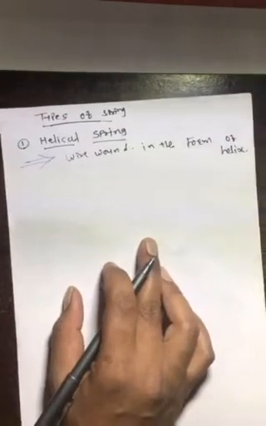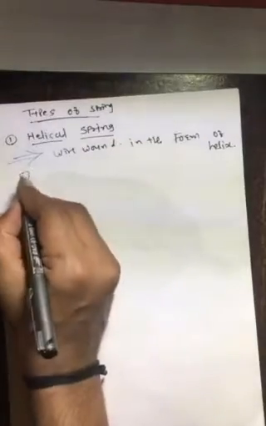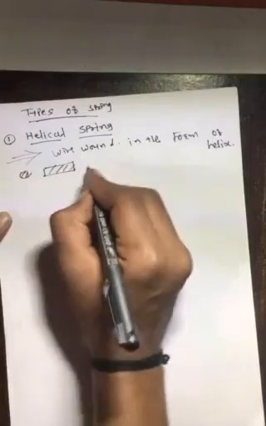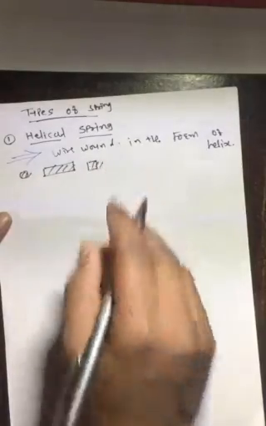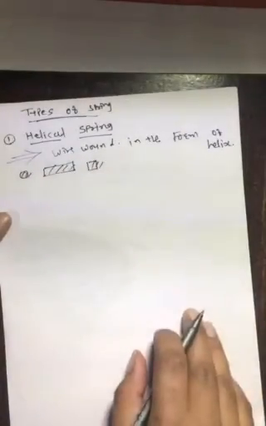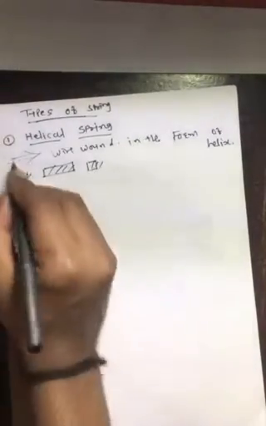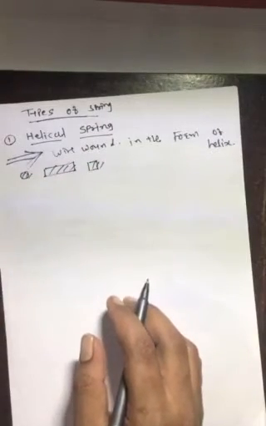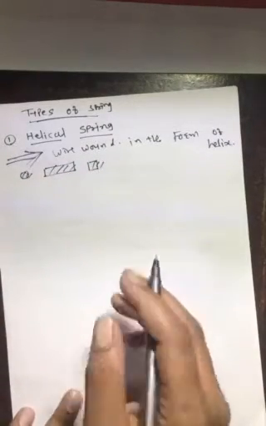The cross section of the wire will be circular, rectangular or square, depending upon the type of load and deflection requirement. In helical springs there are two types, based on the axial force.